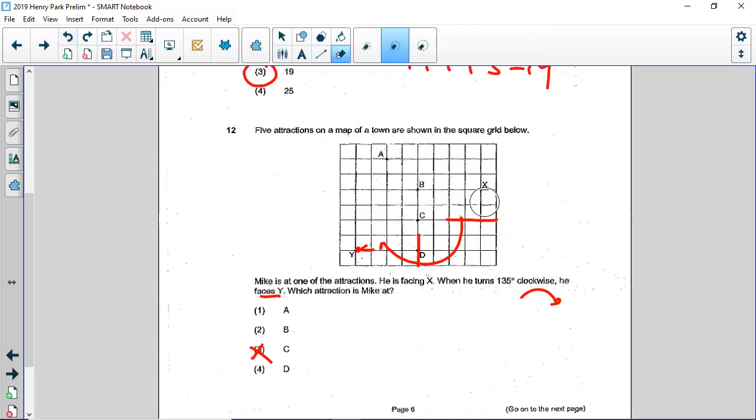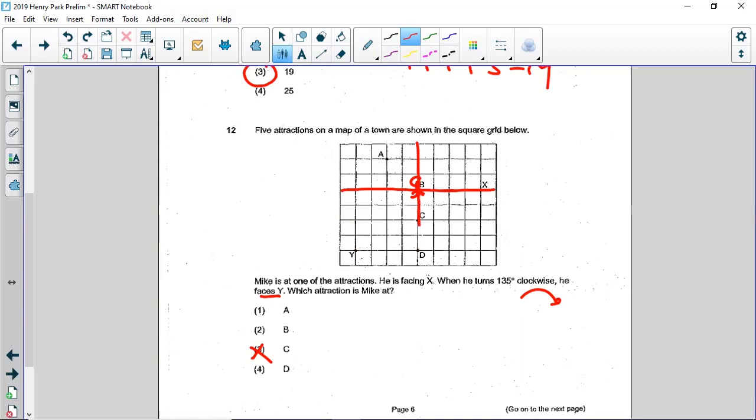So you erase. That's why you must use a pencil, so that you can erase and then try another position. How about maybe he is at position B? You put him in the middle of B and then draw your compass, and your 8-point compass as well.